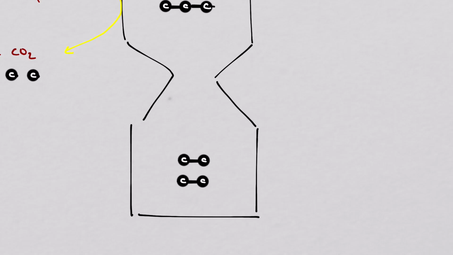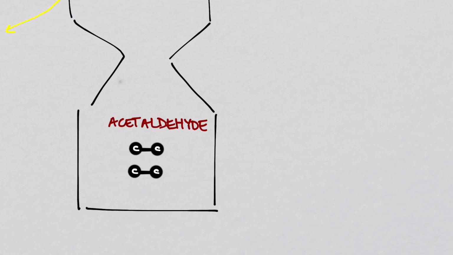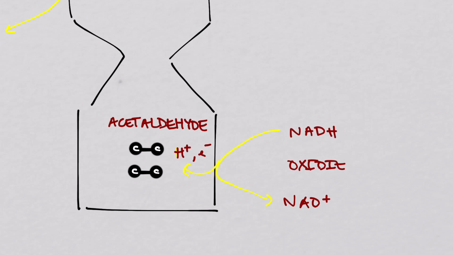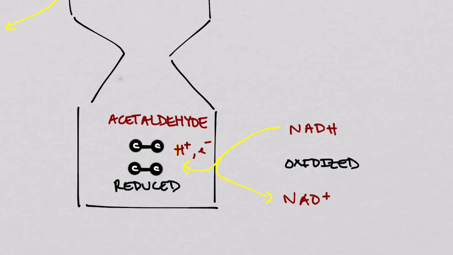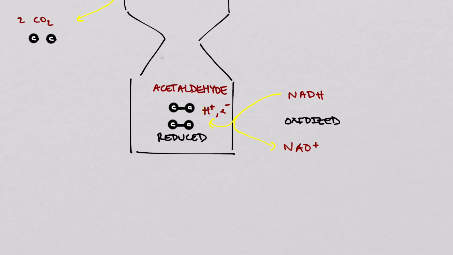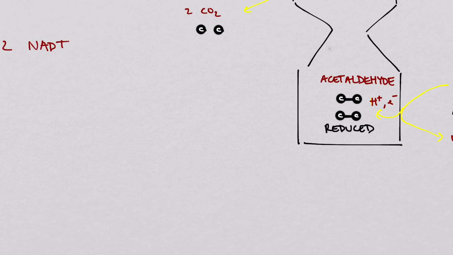And this is called acetaldehyde. And it's this acetaldehyde that is going to be reduced. So our NADH is going to come in here, once again, drop off H plus and electrons, and become NAD plus. So this is oxidized. And in this oxidation reduction reaction, once again we chemically change.